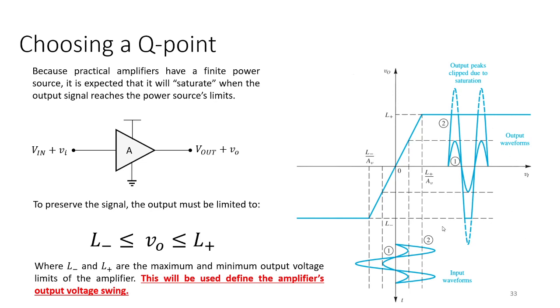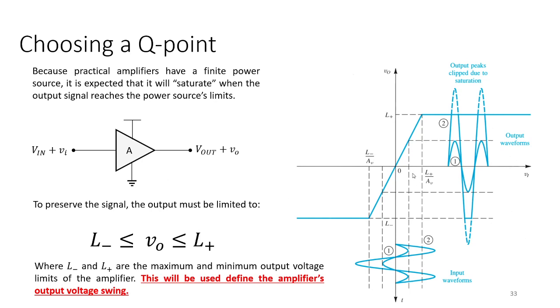When we look at this plot, L plus is usually VDD, and L minus is usually the ground or the negative VDD, depending on what voltage this terminal is at.